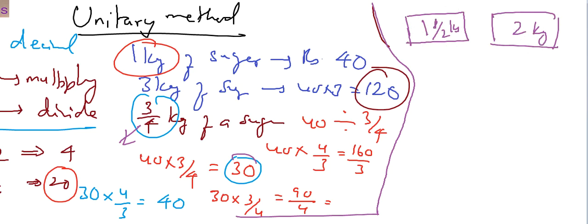Let's assume each 1.5 kg pack costs 60 rupees, and each pack of 2 kg of grapes costs 80 rupees.